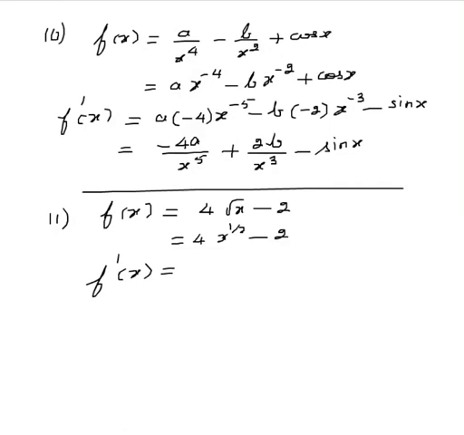The derivative is n into x power n minus 1. 4 times half into x raised to half minus 1. Half minus 1 is minus half. And the derivative of 2 is 0. Therefore, the answer is 2 divided by x power half. x power half is root x. Therefore, the answer is 2 divided by root x.